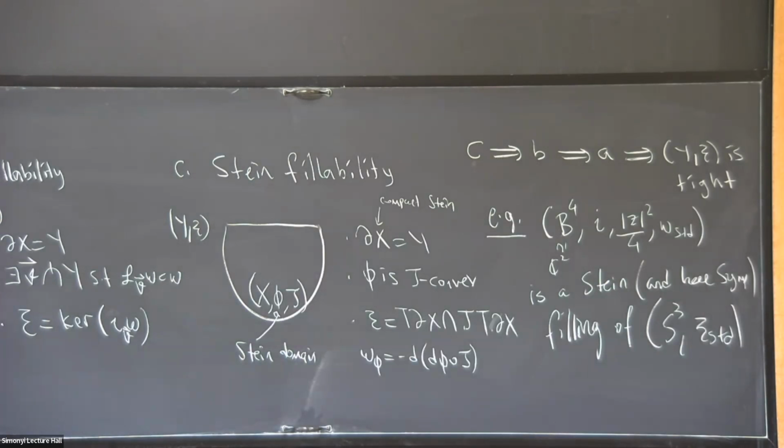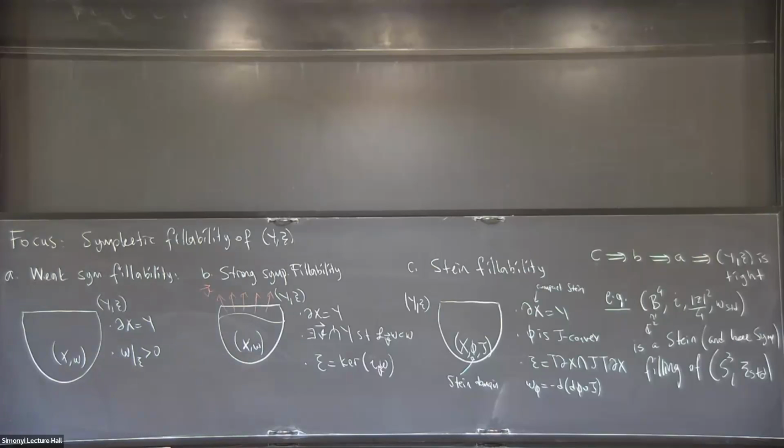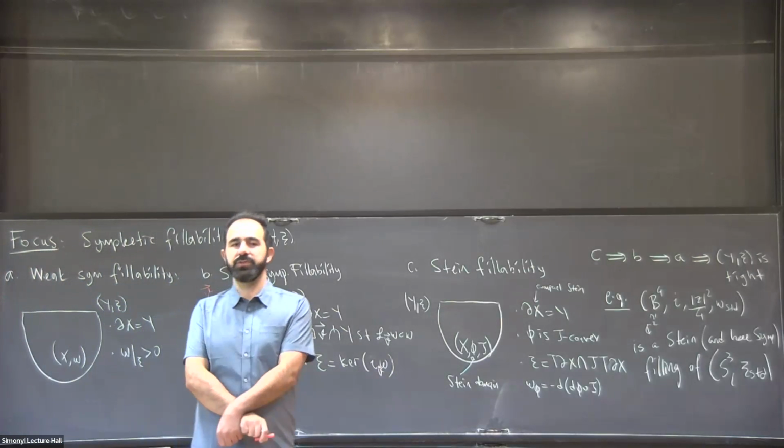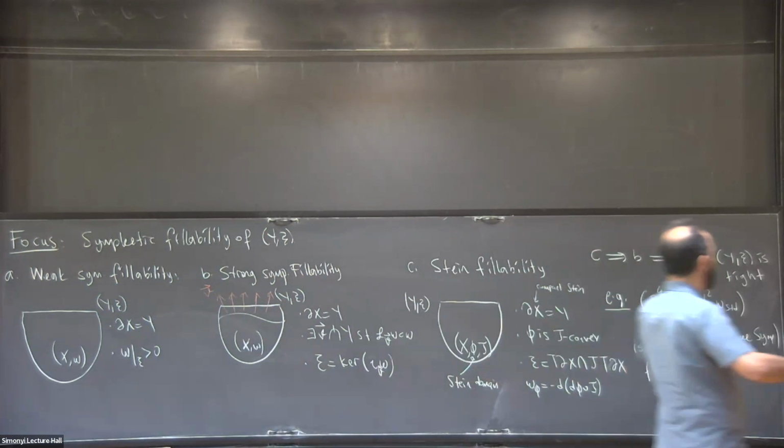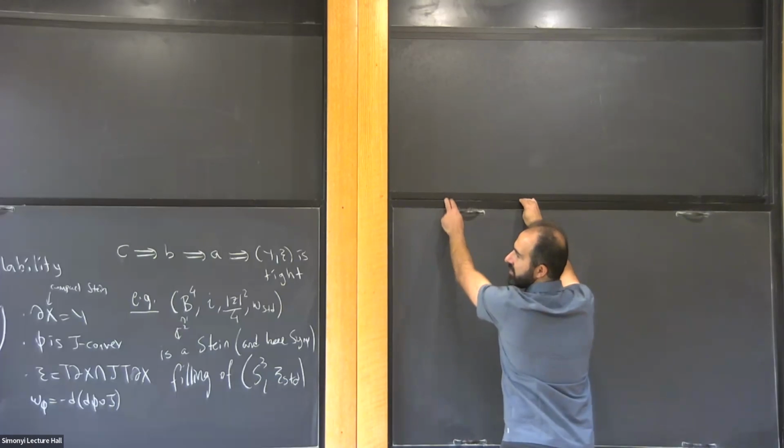Good. So the question here is then, as I said, the focus will be on symplectic fillability. The focus is: when is fillability preserved under contact surgery? And I already have a good answer to that.